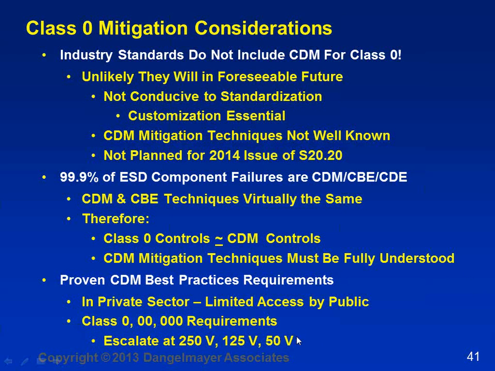And certainly when you get below 50 volts, it gets pretty dicey. And in fact, this is another reason to get the device data up front. If you can get it early enough, you can avoid these Class 000 devices, or if it's at all possible, avoid them. Try to keep them out of your product designs.